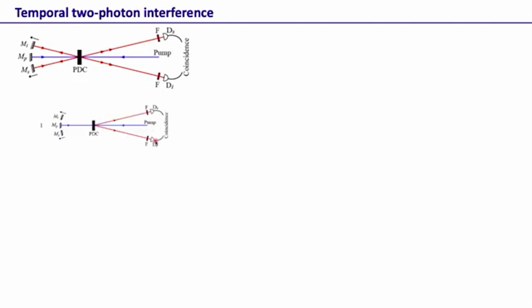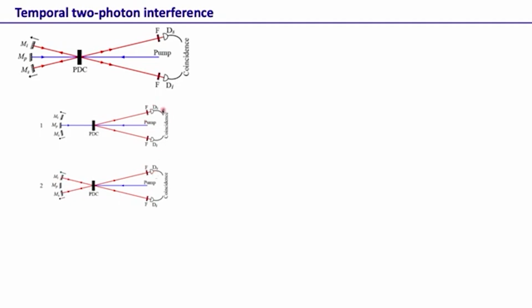In the first possibility, the pump photon does not get down converted in its forward pass. It goes here, comes back, and then in its backward pass it actually gets down converted. The second alternative is that the pump photon does get down converted in its forward pass, and then these two entangled photons go in these directions, get reflected back from these mirrors, and reach the respective detectors.